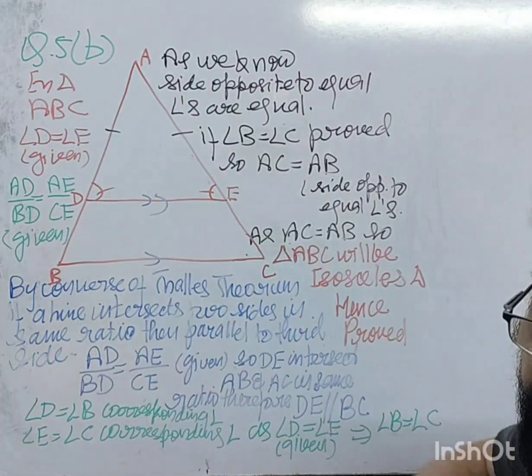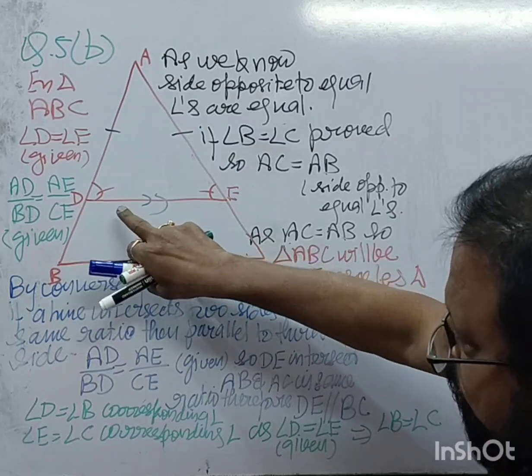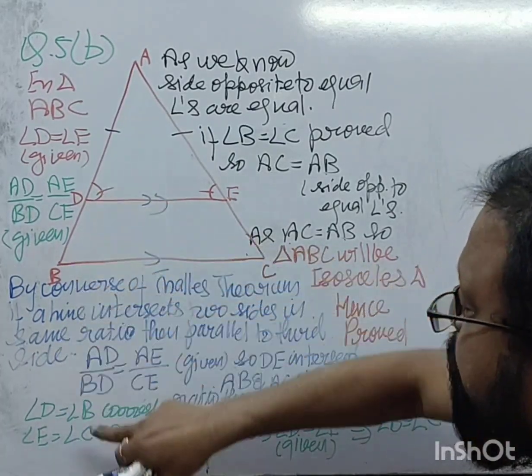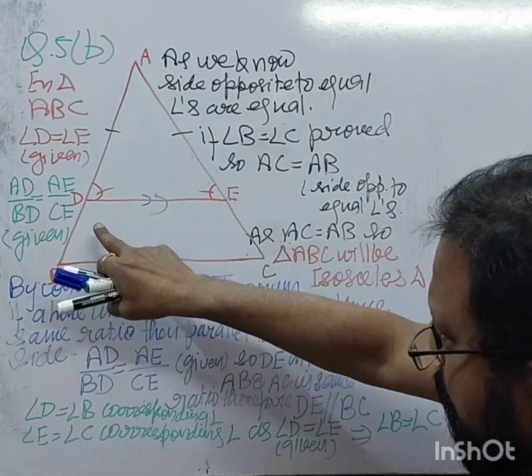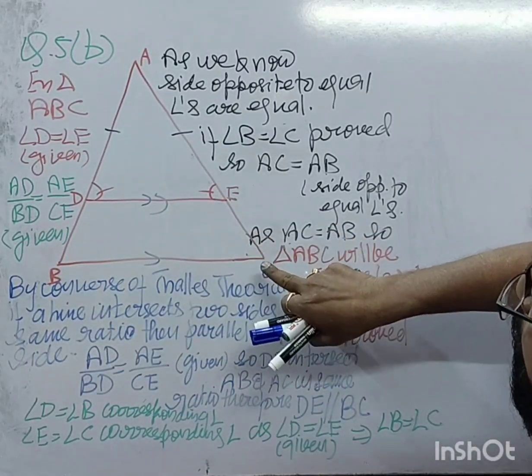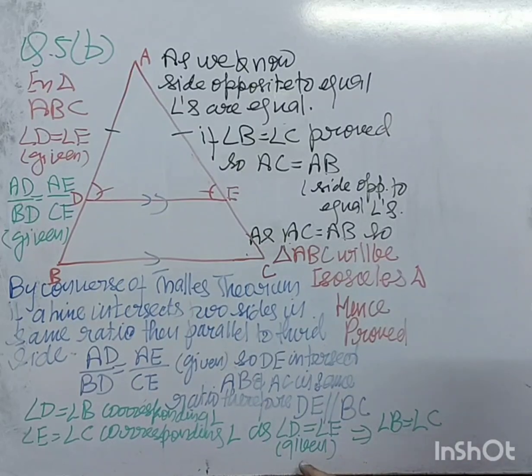So by using the converse of the midpoint theorem, we have proved that they are parallel. When they are parallel, then these two angles will be corresponding angles. They will be equal. Angle D is equal to angle B, and angle E is equal to angle C, and angle D is equal to angle E given.